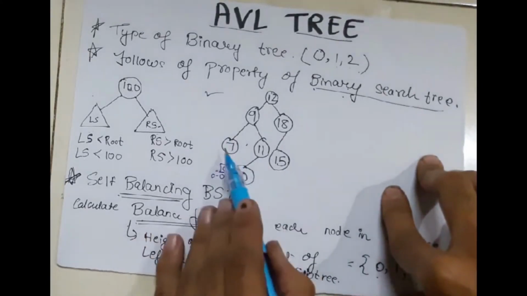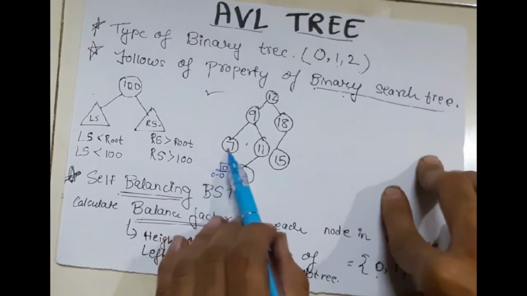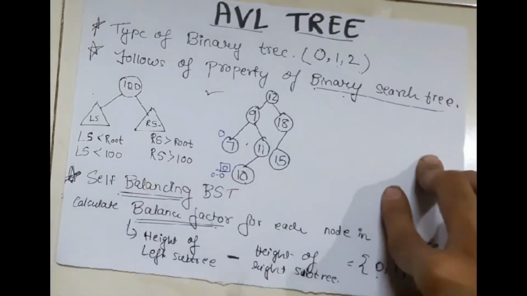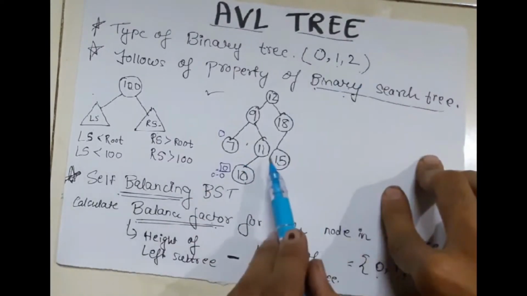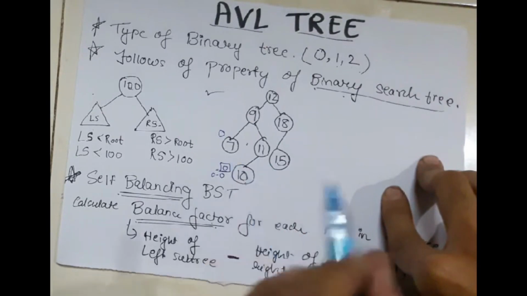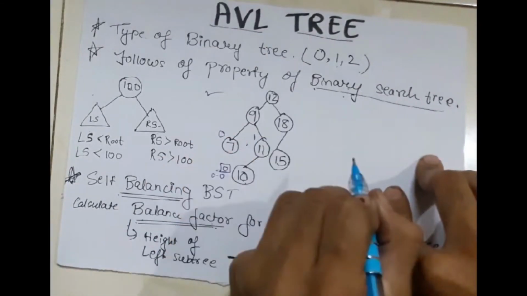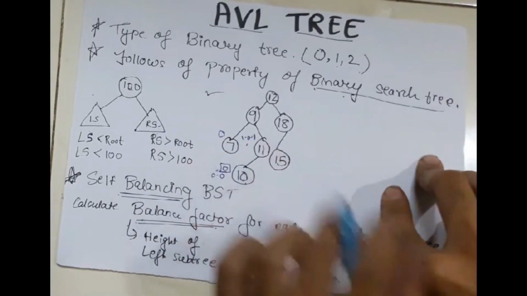Now 7. So right and left subtrees of this node 7 have height 0. So 0 minus 0, 0. Now 11. So your left subtree height is 1 and right subtree height is 0. So 1 minus 0 is 1. Right? 1 minus 0 is 1.